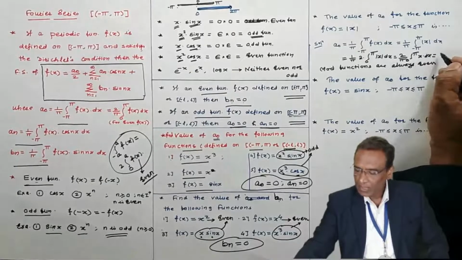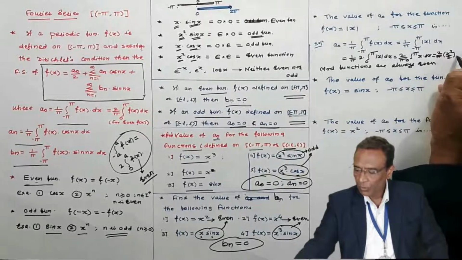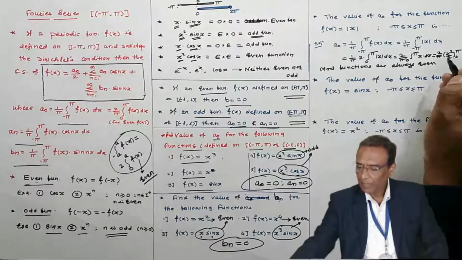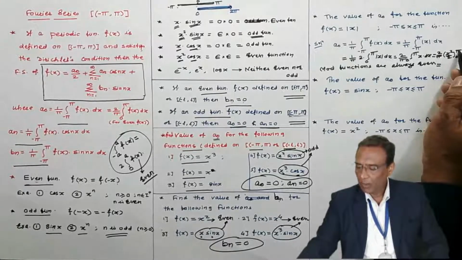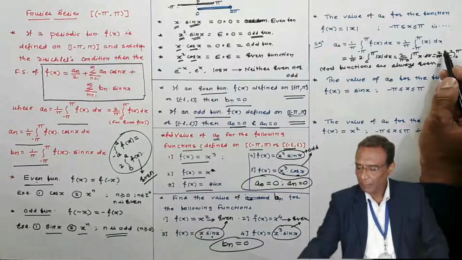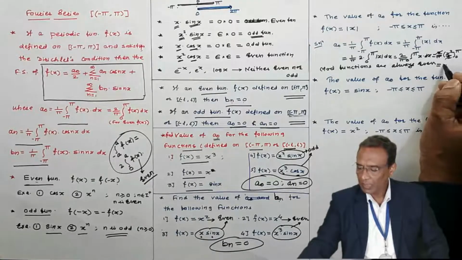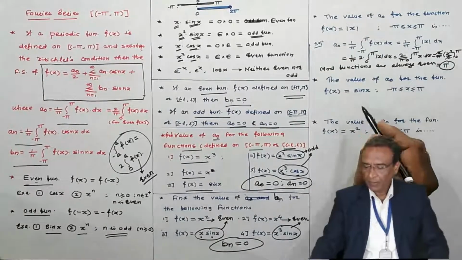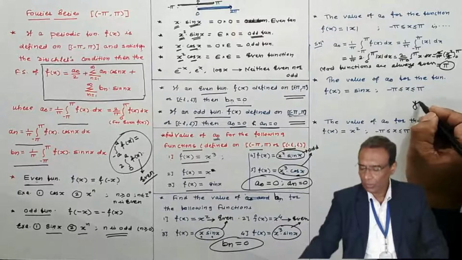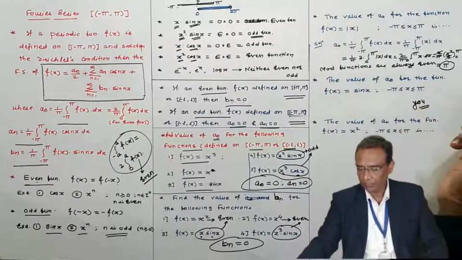Now the integral of x is x square by 2, with lower limit 0 and upper limit pi. Put x equal to pi, so pi square by 2. The 2 gets cancelled and pi square by pi is pi. So the value of a0 for this function is pi. Now you try to solve this problem on your own.